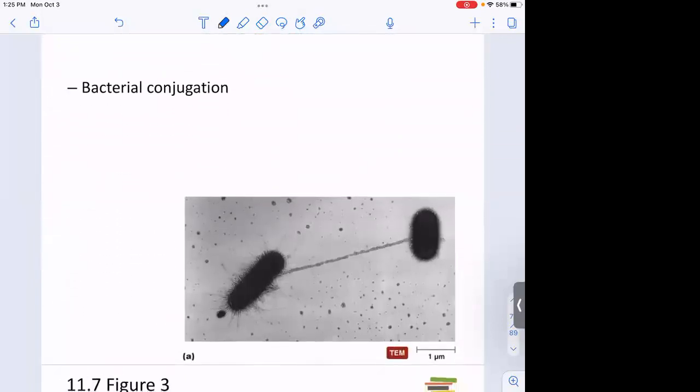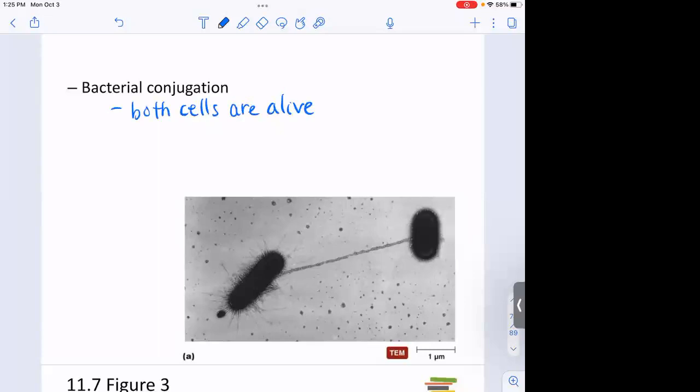So bacterial conjugation, what's special about this mode of horizontal gene transfer is that both cells are alive. Okay, with transformation, the cell is taking up DNA from a dead cell. With transduction, the virus is just carrying a piece of a chromosome from the old cell that had lysed.